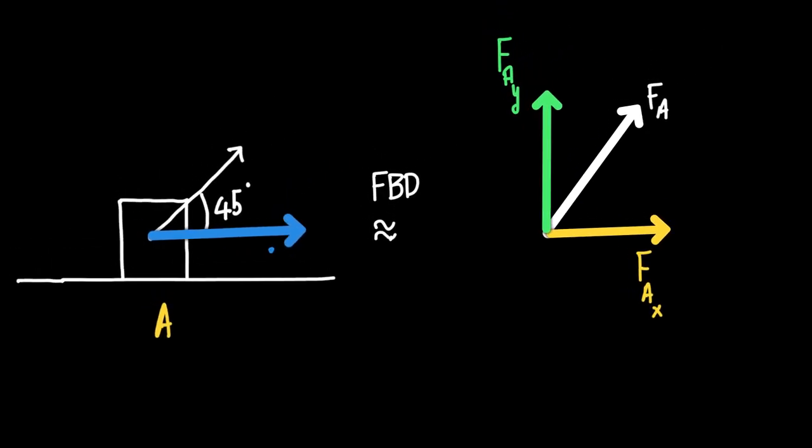So if you consider, let's say, this vector as force A, which is acting at an angle of 45 degree with respect to the displacement vector, we know that this force can be resolved into one horizontal component, which is along the direction of displacement, and the other the vertical component, which is perpendicular to the direction of displacement. As I've shown here, we can resolve Fa into two components, Fax and Fay.